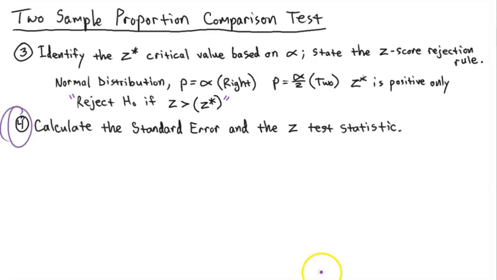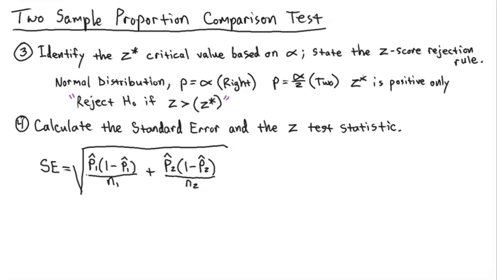All right, in step 4, we are now ready to calculate the standard error and the Z-test statistic. Now, the formula for the standard error is pretty ugly, and so is the formula for the Z-test statistic, so let's look at them one at a time. Okay, here's our formula for the standard error. So to calculate the standard error, here's what we're going to need.